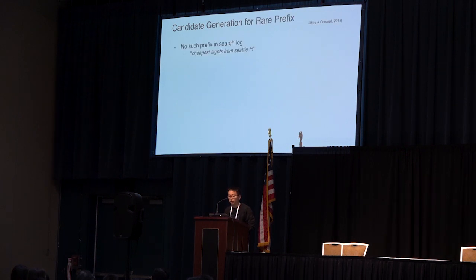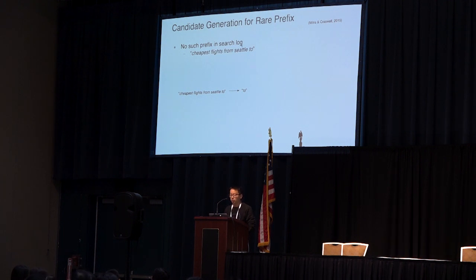One issue is that all the complete queries are from the search log. Maybe the search log does not contain enough prefixes. For example, if the prefix is cheapest flights from Seattle to, it's unlikely that it exists in the existing search log.